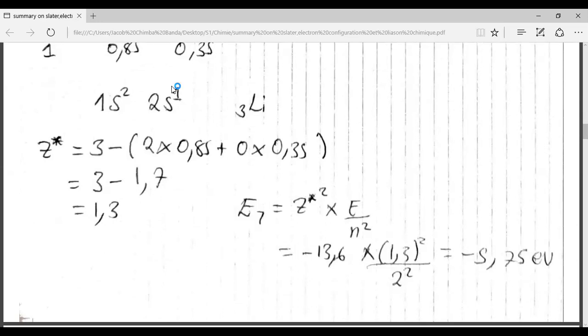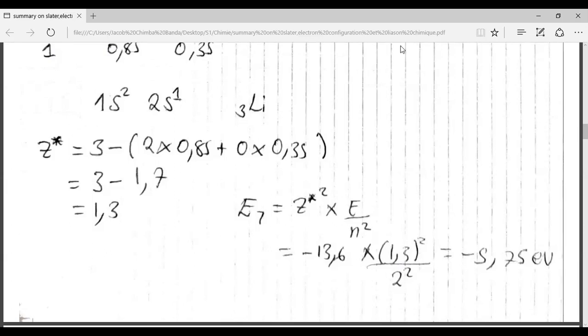So there are still 2 shells, so it will be 2 squared. When you calculate, you'll find your energy is negative 5.75 electron volts. That's the energy you should find.